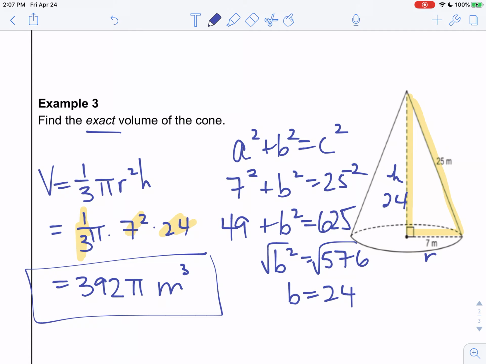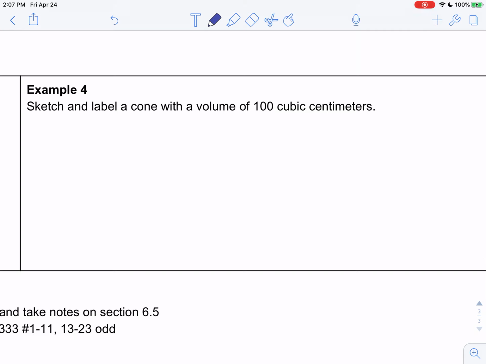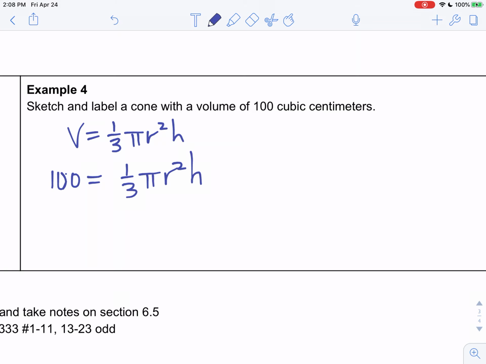All right, last one. Here, very open-ended. We want to sketch and label a cone with a volume of 100 cubic centimeters. We can pick any dimensions that we want. We'll plug into V equals 1/3 pi r squared times h, and I'll make V, my volume, 100. All right, so any values do I want.